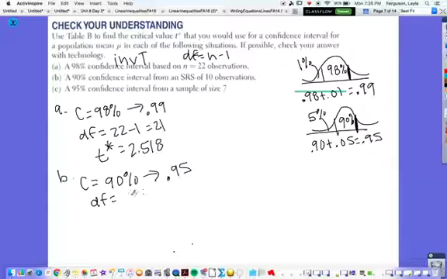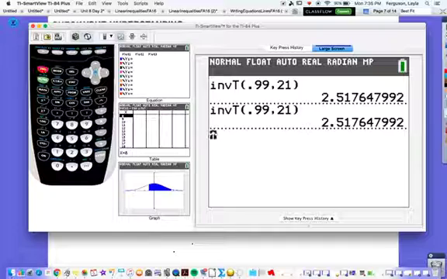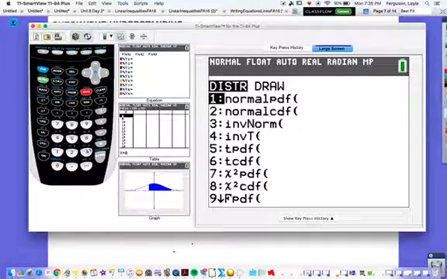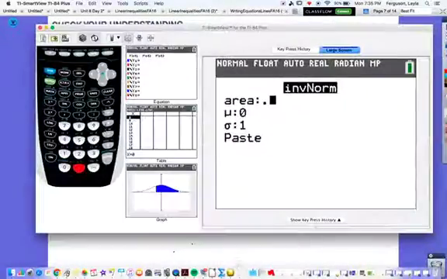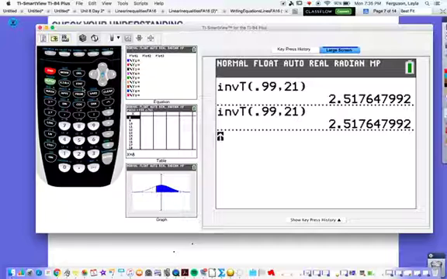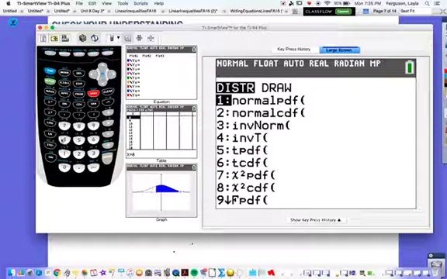My degrees of freedom I can always get by saying n minus 1. For this one, it tells us a simple random sample of 10 observations, so our n is 10. So 10 minus 1 would be 9. So we go to the calculator, second vars, 4.